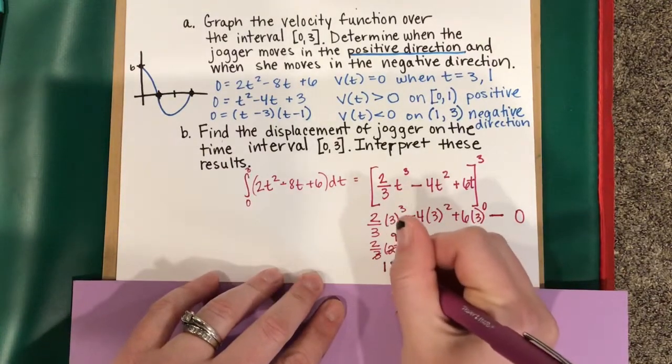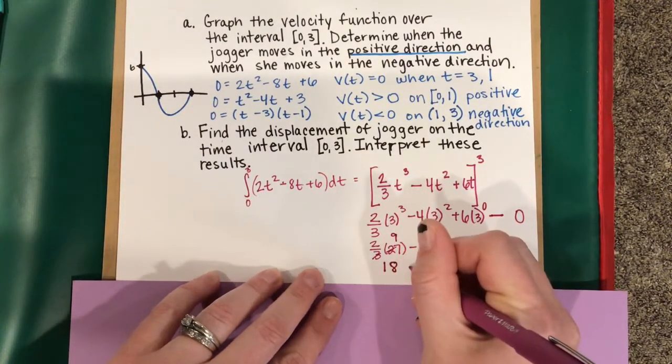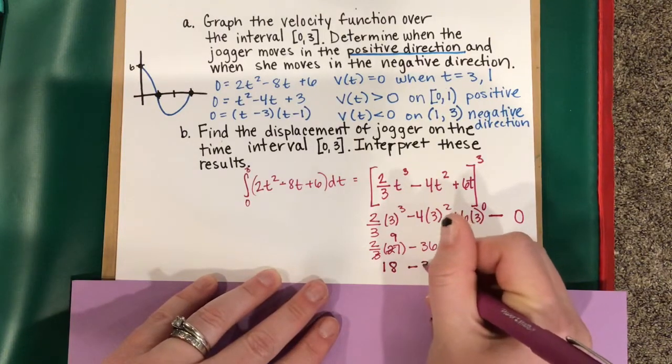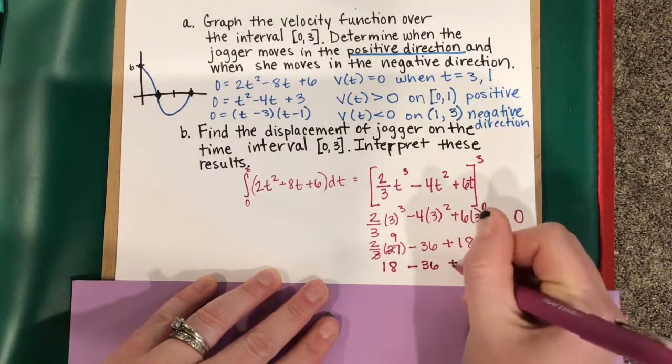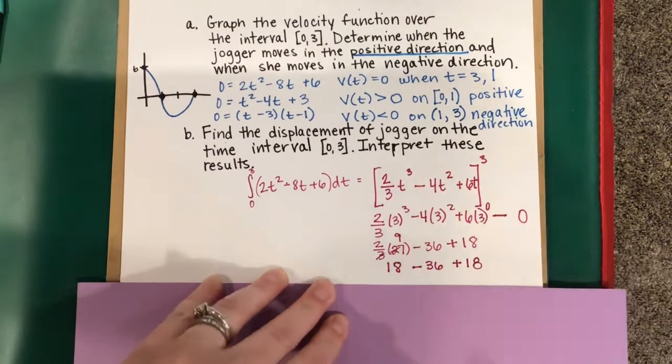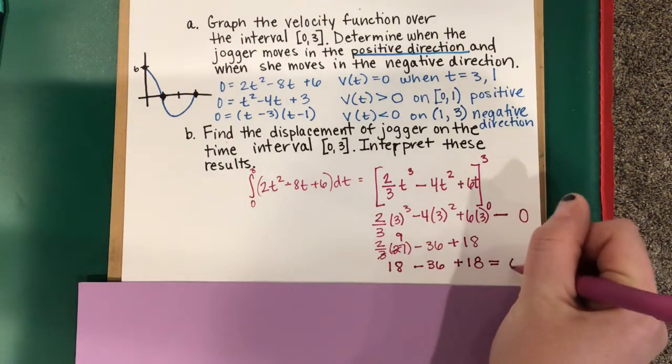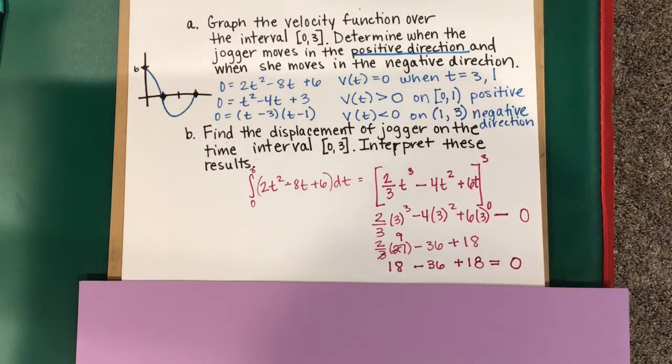So I end up with 18 minus 36 plus 18. So my displacement ends up giving me 0. So what does that mean in the context of this problem?